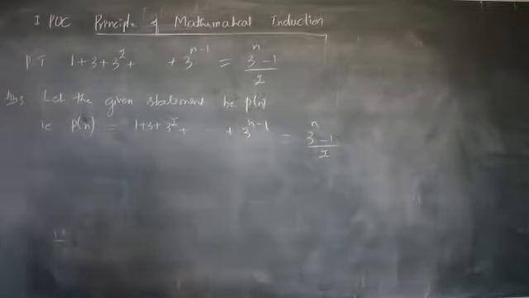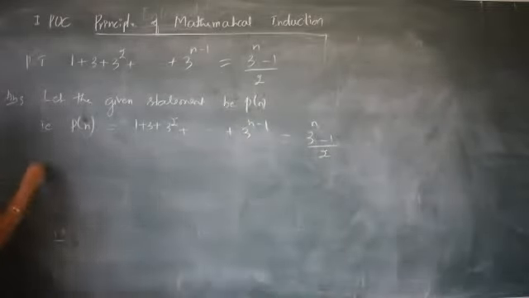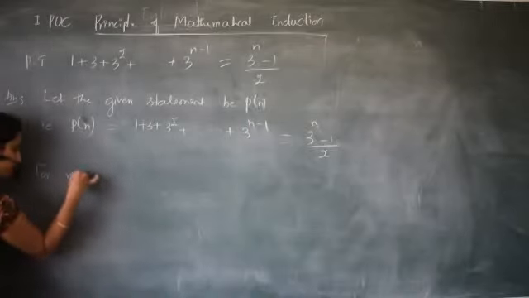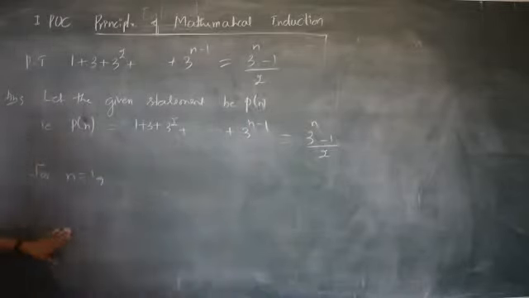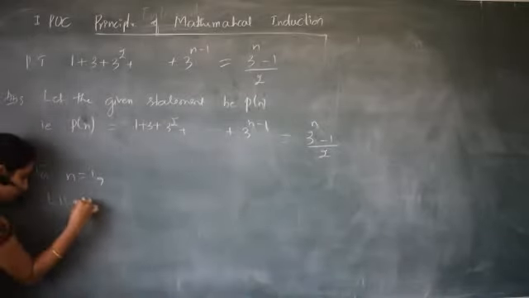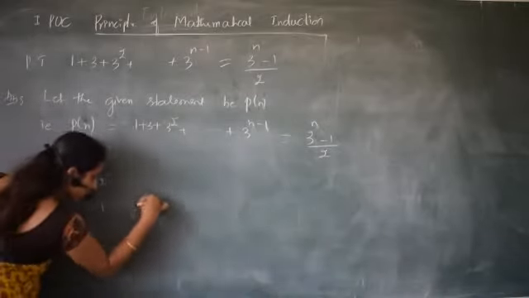So this is the given statement. After that, for n is equal to 1, the left hand side will be one term, which is equal to 1.